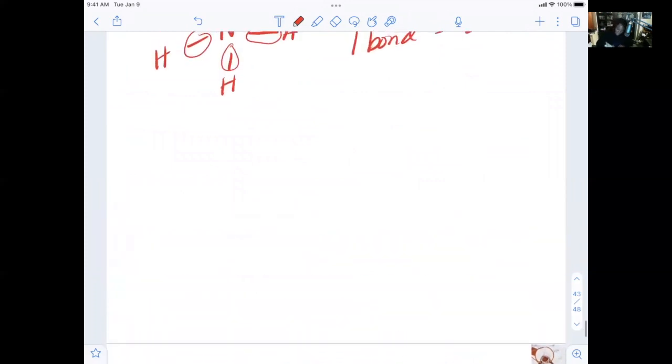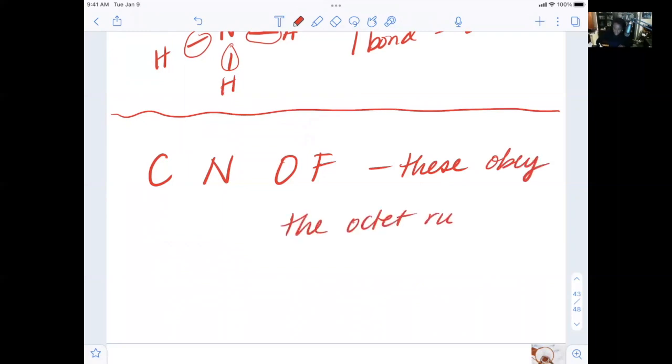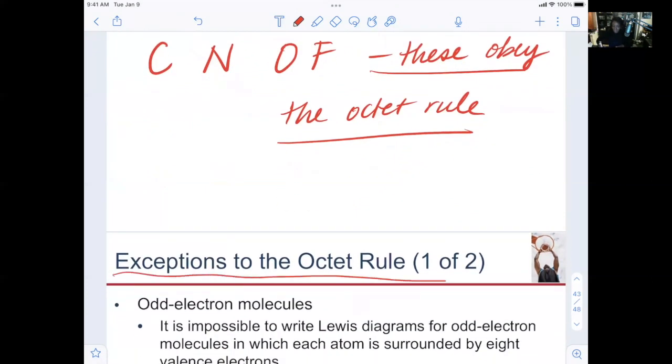Okay, so carbon, nitrogen, oxygen, and fluorine, these obey the octet rule. Okay, they tend to be known for obeying the octet rule. So we want to be aware of the elements that are known to try to not obey the octet rule. And these are called the elements that have an exception to the octet rule.